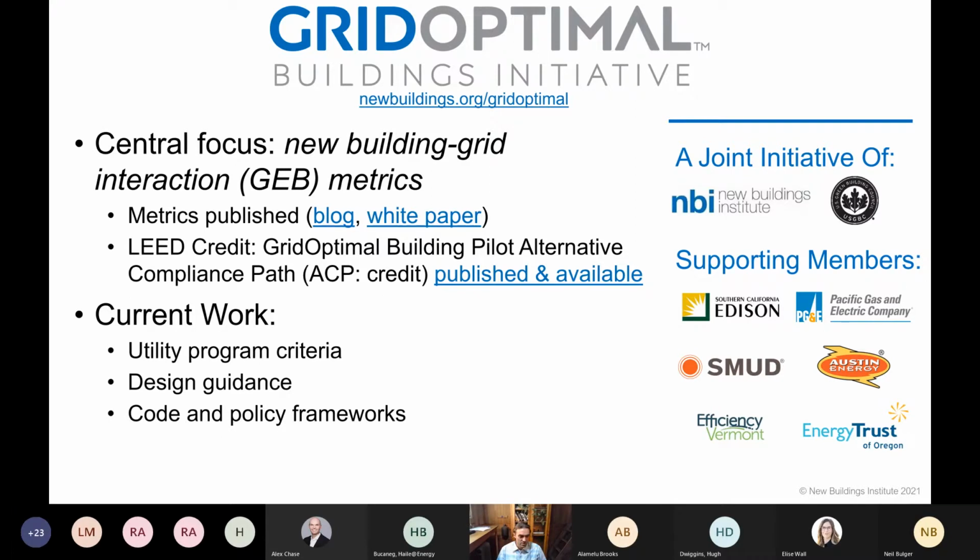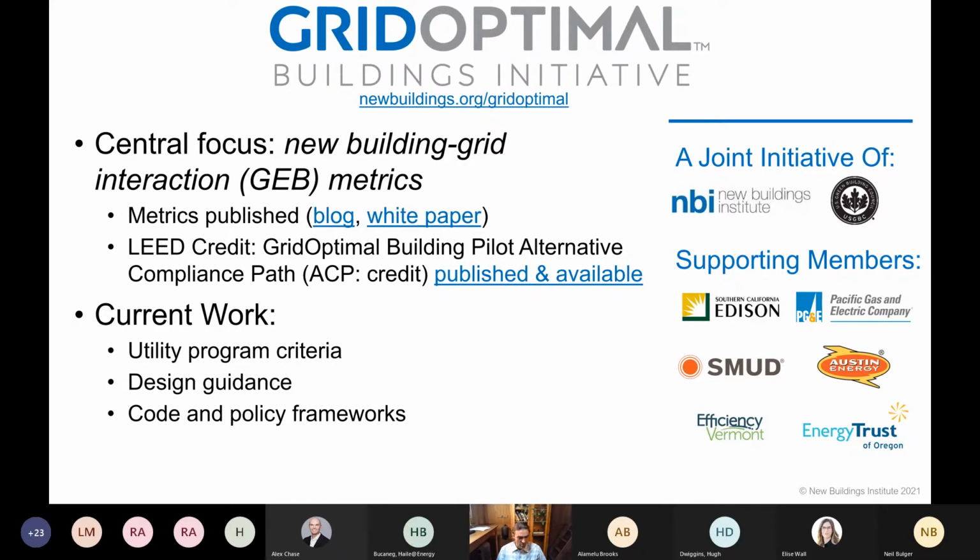The intent here has been to create metrics that make sense to market-facing actors like designers, energy modelers, or building owners, architects, engineers, et cetera, and that still provide enough depth and complexity that they are truly useful to the utility on the other side of the meter. So the utility can have some confidence that says, yeah, if you get better according to this metric, we know you're gonna do pretty well. And that's actually going to help the grid in some measurable fashion.